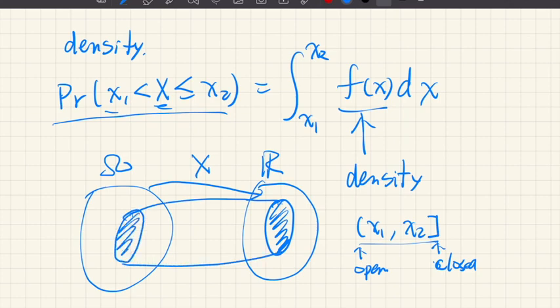and find some corresponding subset of omega, which should belong to the sigma-algebra. Okay, so this is a shorthand for this subset of omega such that this random variable takes the value between these.